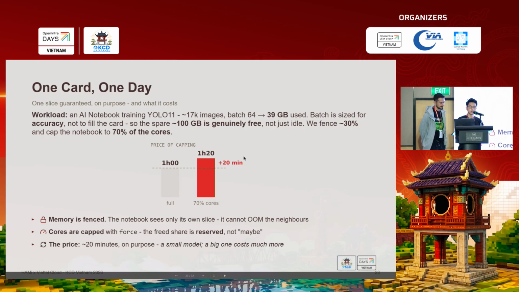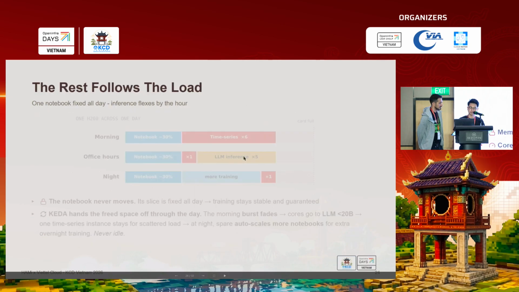With this model we pay about 20 minutes, on purpose. The price is only for a small model, and a bigger one would cost more. But this price, I think we can agree with.